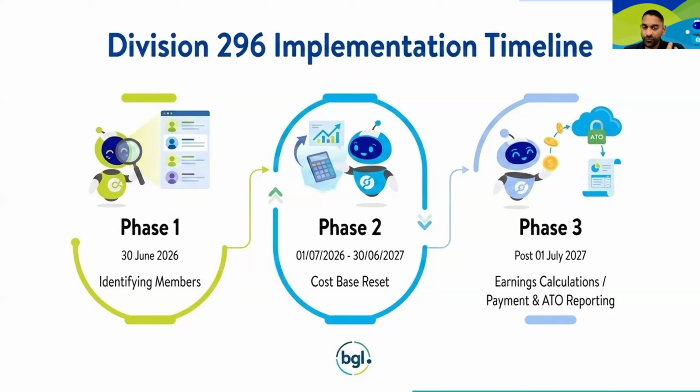Phase two is more focused around the cost base reset aspect of things, so this is looking at your 27 financial year. And finally, phase three, which is to do with the actual calculations as well as the ATO reporting side of things. This is just the timeline. I won't be discussing specific dates as such. It's more a pecking order of how we're going to start implementing some of these changes.